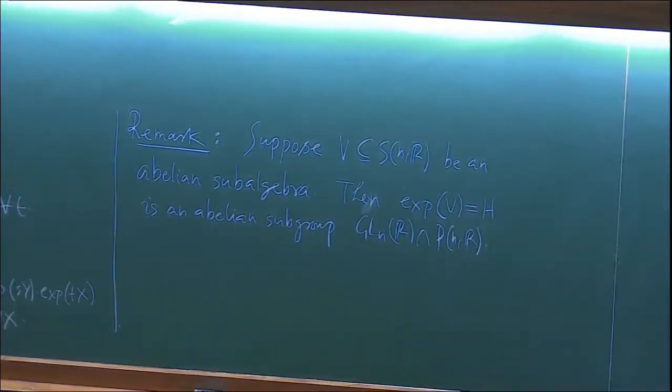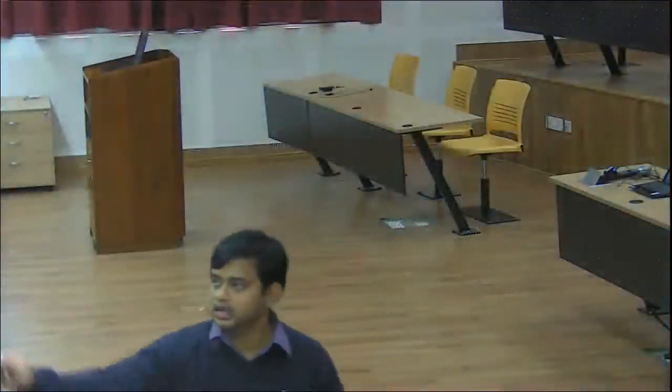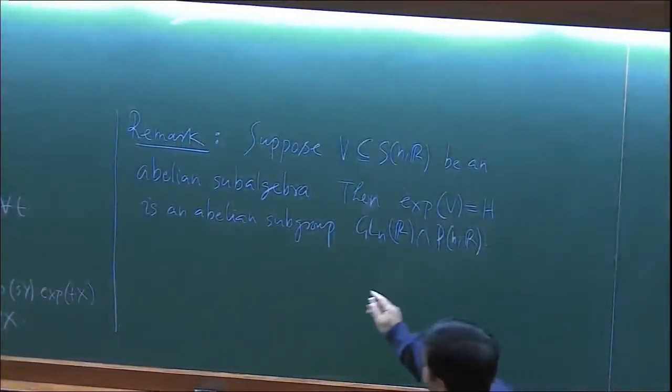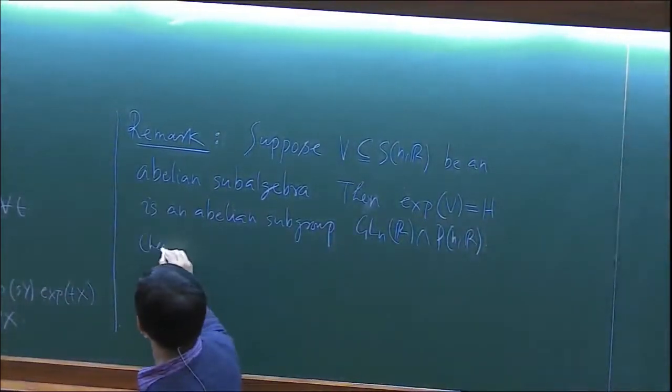So this is sitting as a subset of P_n(R). Also, you can consider the H orbit of the identity inside P_n(R). Those two are the same. Easy to check.